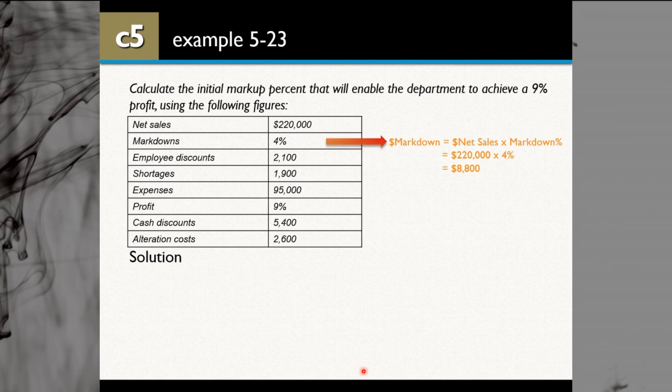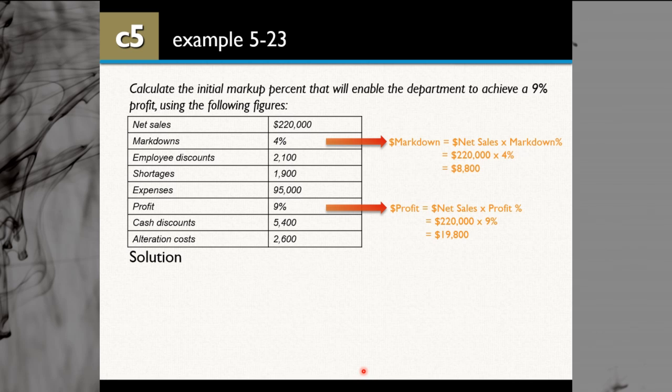And then you can calculate your profit, because that's going to be 9%, and that's the same: net sales multiplied by the profit percent. So you get 19,800 as your profit plan.